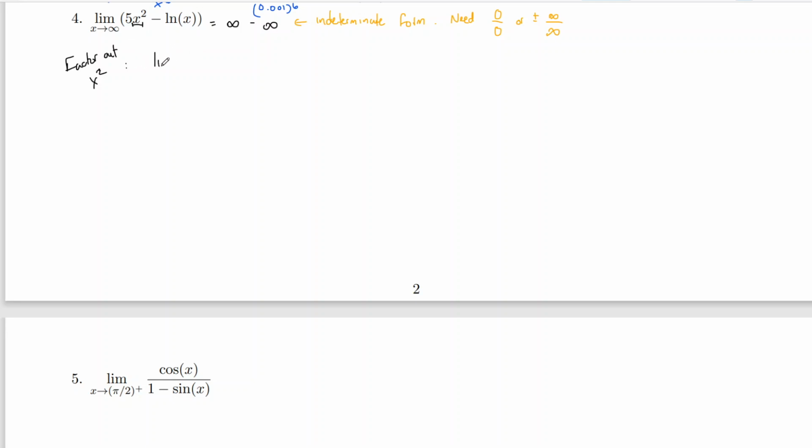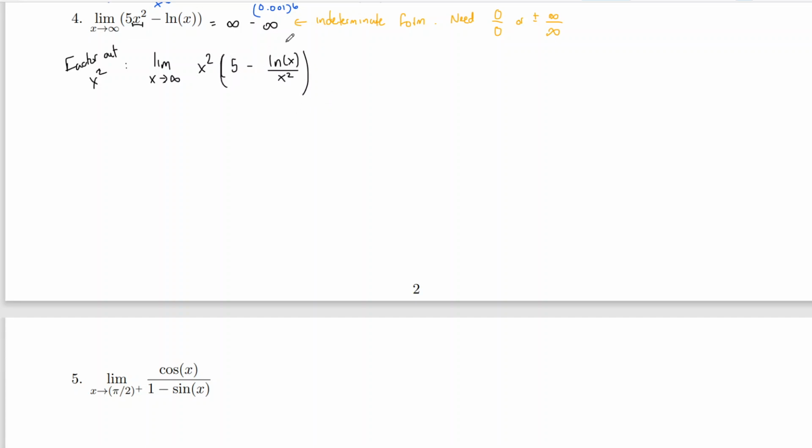All right, so we're not going to actually do any L'Hopital's rule yet because we can't. We have to rearrange it. And when we factor out the x squared, the 5x squared just becomes 5. Now, because the ln of x has nothing to do with x squared, we have ln of x. And because we factored out something that's not really there, to make up for it, we have to divide by the x squared.